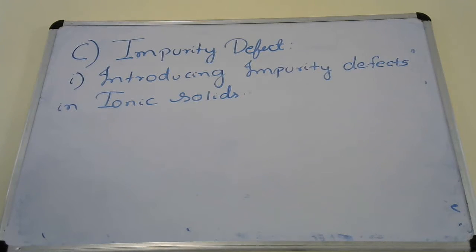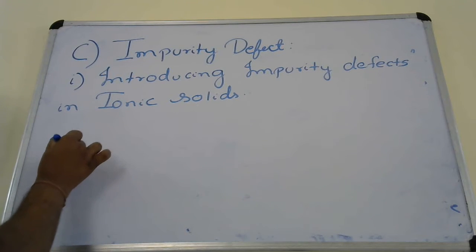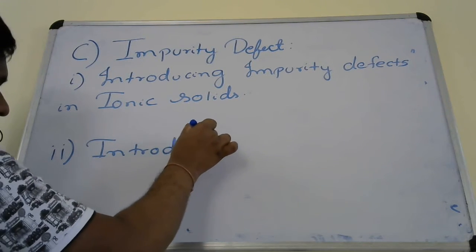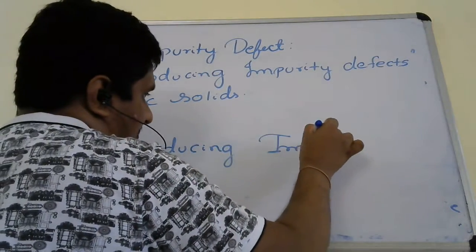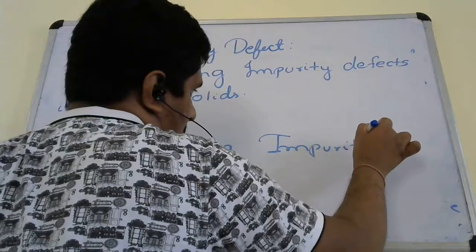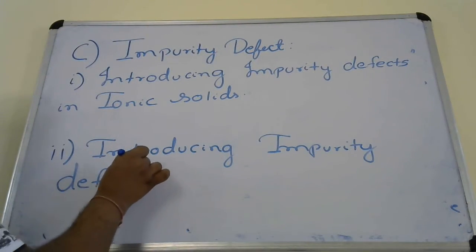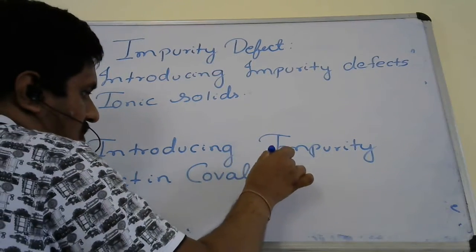Second one is introducing impurity defects in covalent solids.